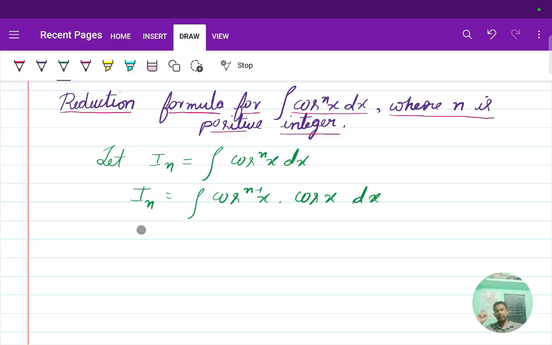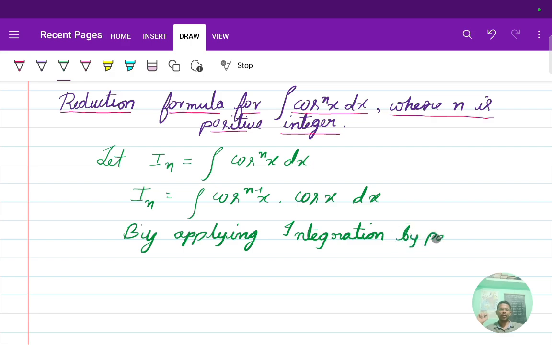Now, by applying the integration by parts formula.